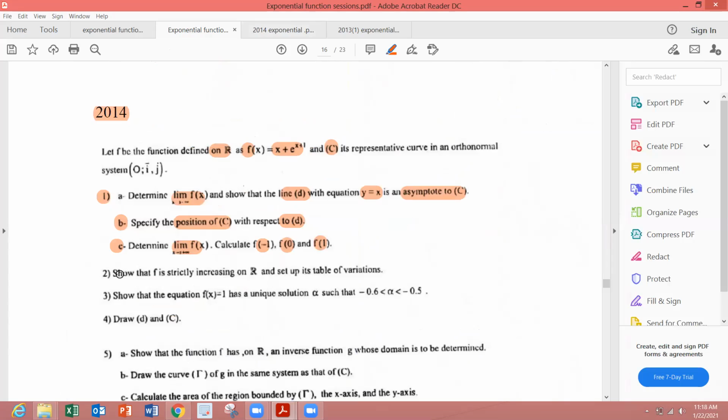Show that f is increasing and set up the table of variations. How to verify that f is increasing? Easy: f'(x) greater than 0.